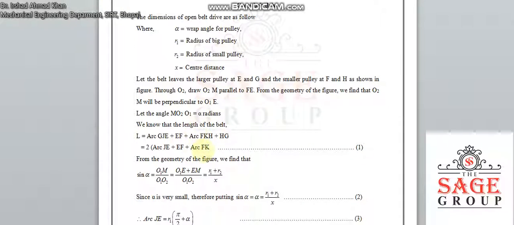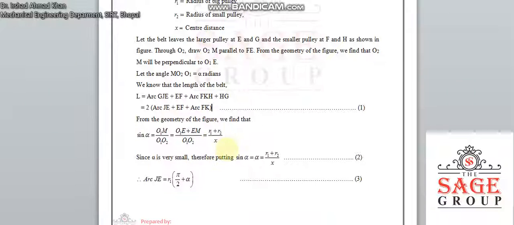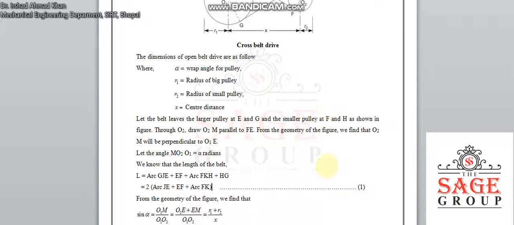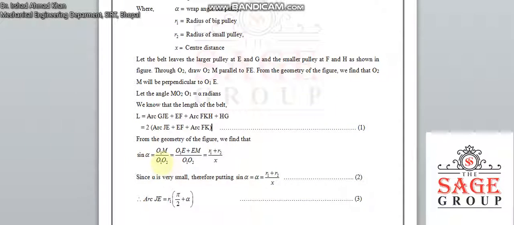Understood? So this is 2 times. Then how do we find the value of sine alpha? That is simply, like in the previous case, sine alpha will be O1M upon O1O2. Okay, we can find it.